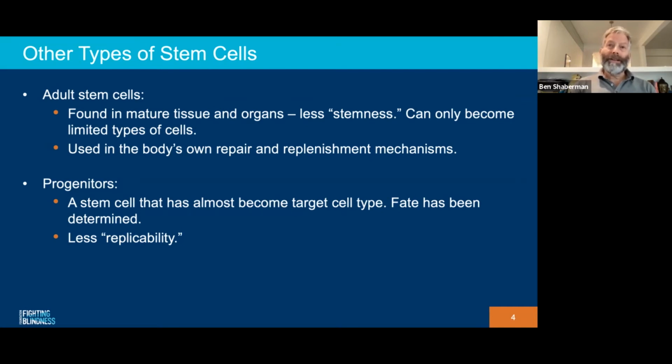And they can have advantages in terms of their ability to integrate into a patient's existing tissue, in our case, retina. Now, these cells have less replicability. You can't make billions and billions of cells from progenitors, but again, they do have the advantages in terms of transplantation and integration.